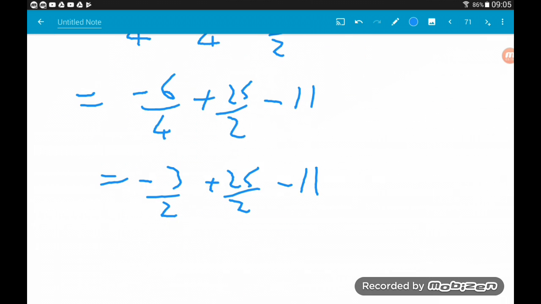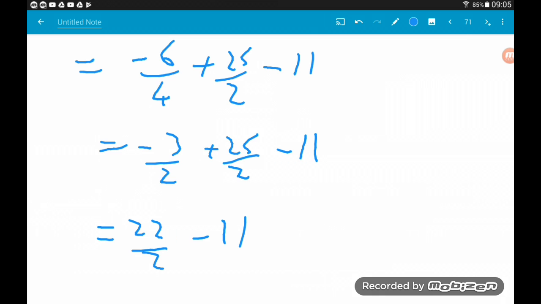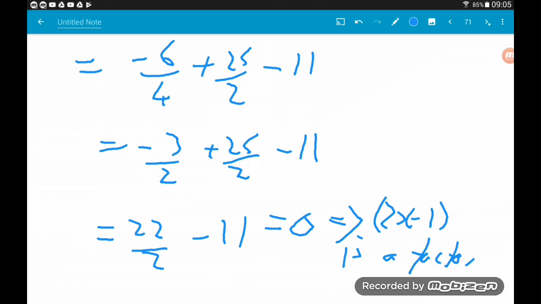Minus 3 halves plus 25 halves is 22 halves, minus 11. Now 22 halves is 22 divided by 2, so we've got plus 11, minus 11, which does indeed equal 0. Therefore, 2x minus 1 is a factor. Good times. Now we can do part B.